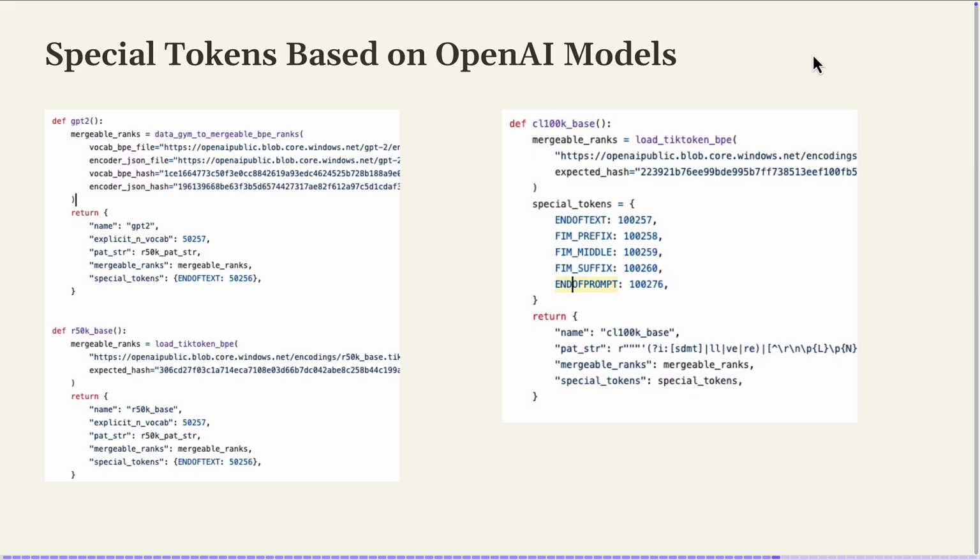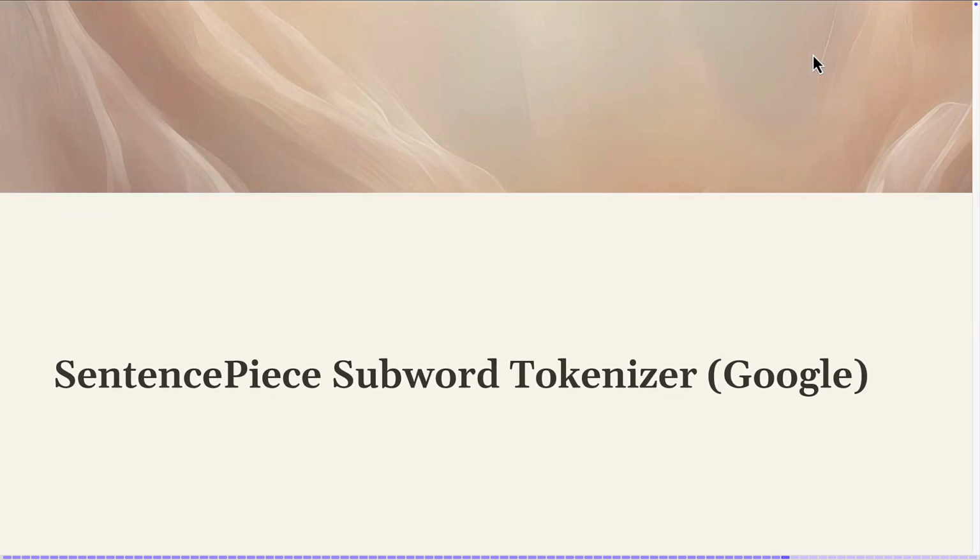It can be fine-tuned, but it's mainly for knowing the end of text token. And GPT-4 defined more tokens like end of text, prefix, middle, suffix, and end of prompt. And these are used for fine-tuning purposes.